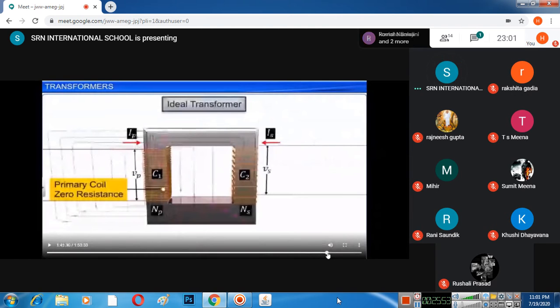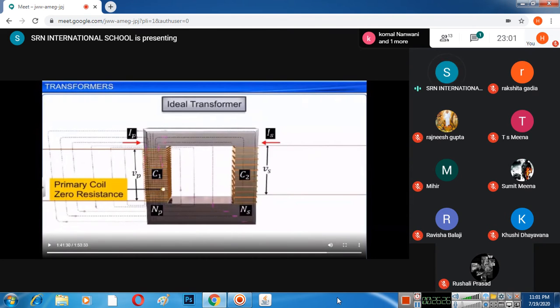Okay. Now, if in the primary coil we are providing a changing current, that is alternating current, then what happens? The flux linked with the coil C2 is changing, and you can see here the number of turns in C1 are more as compared to the number of turns in C2. So if we are providing a current in C1, then the flux linked with the coil C2 will change, which indirectly induces an EMF.